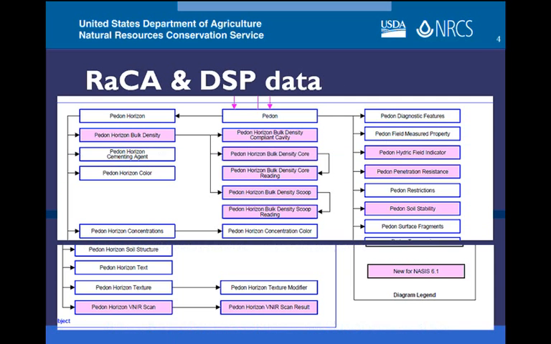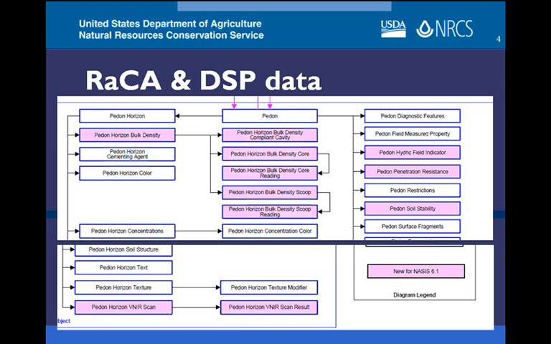As far as the rapid carbon and DSP data, the new data structure diagrams show the new tables that have been added. They show up in pink on the diagrams as being new tables in NASIS 6.1.